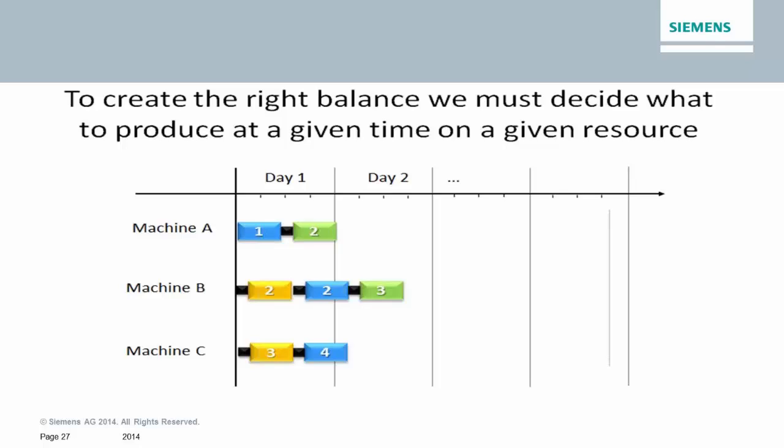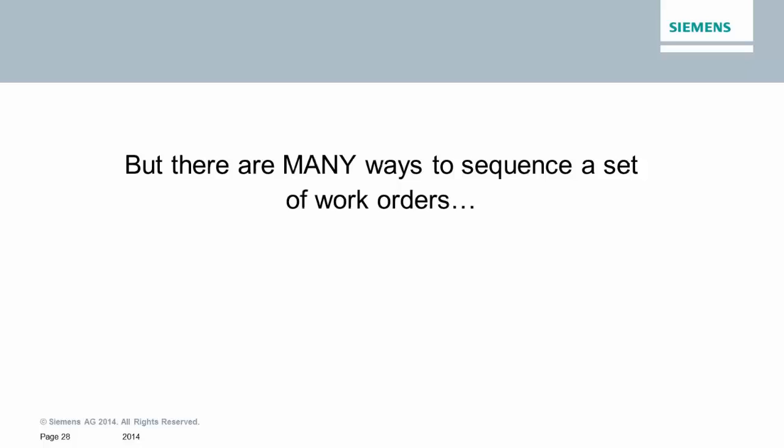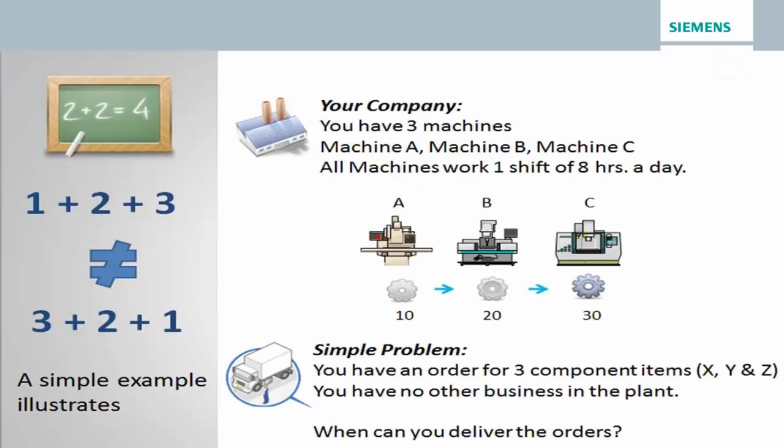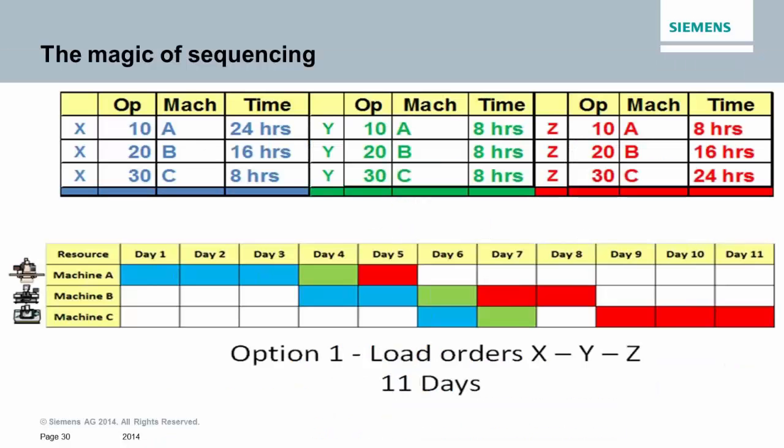You have to create the right balance of what is going to be put on what resource at a given time. And there's many ways to sequence a set of work orders. So in a simple example, I want to demonstrate to you that the sequence of 1, 2, 3 is not the same as a sequence of 3, 2, 1.